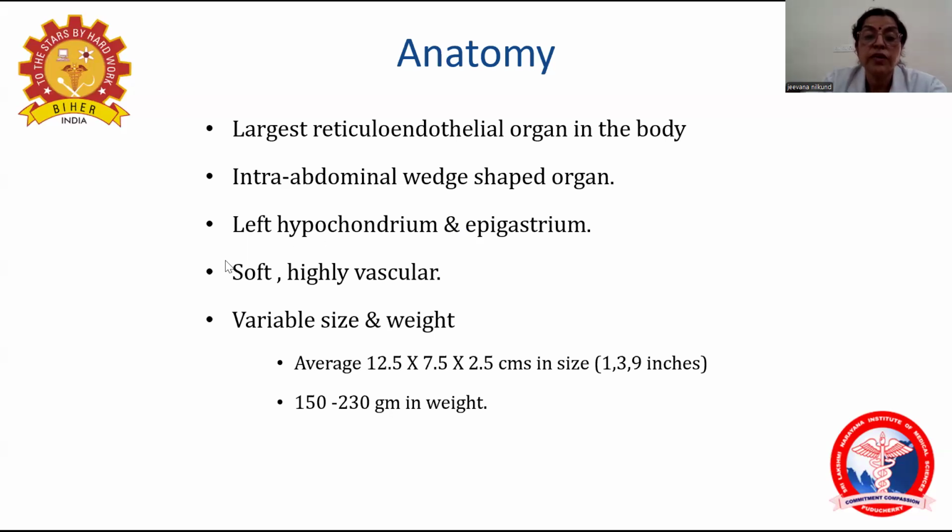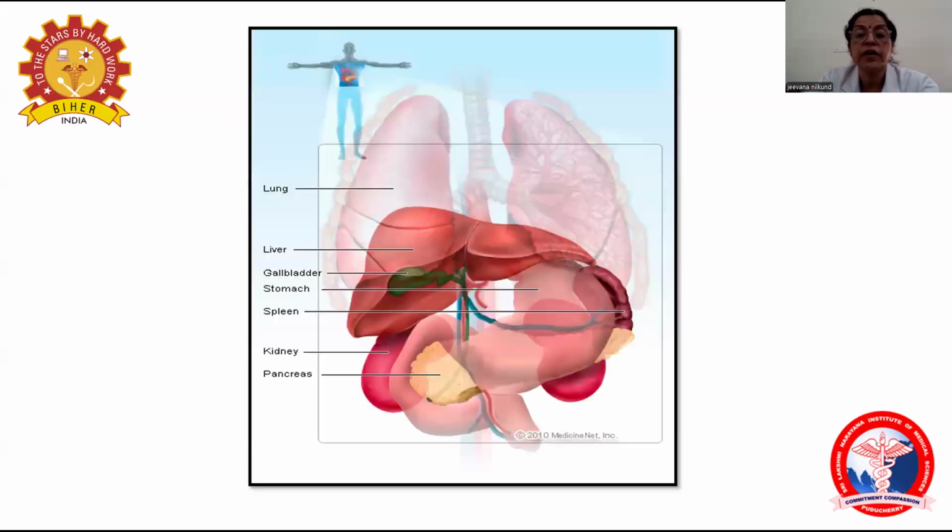As you all know, it has variable size and weight; these are the average size and weight. Average size is easy to remember: 1 inch in thickness, 3 inches in width, and 9 inches long, and it is a wedge-shaped, convex-shaped organ, and it is about 150 to 230 grams by weight.